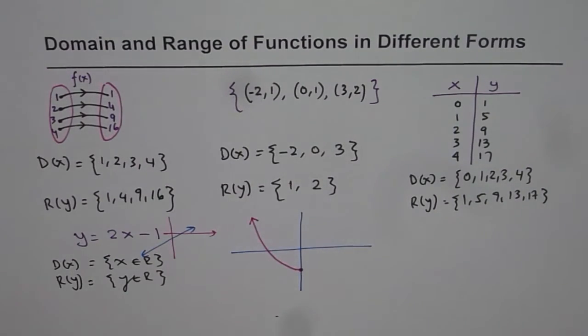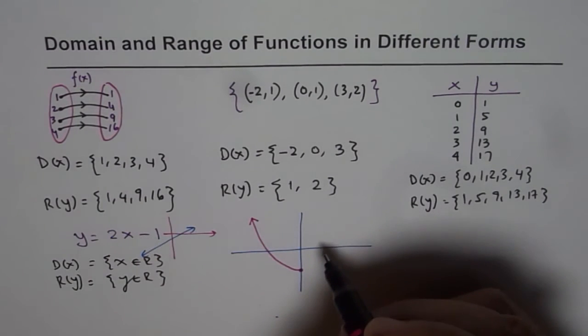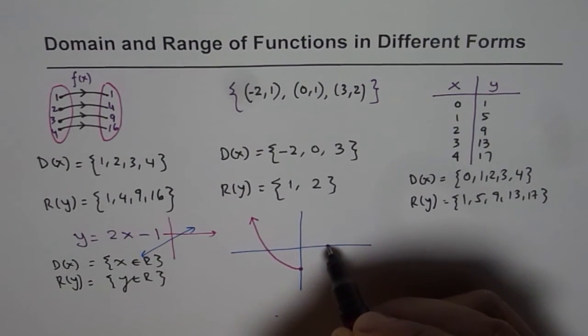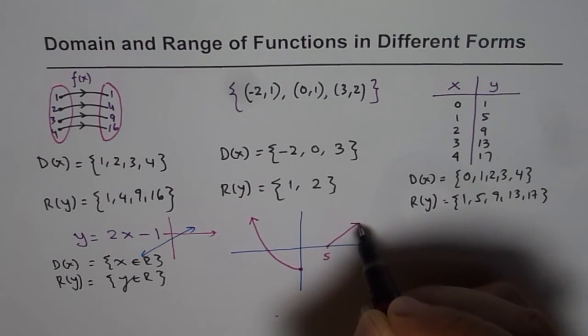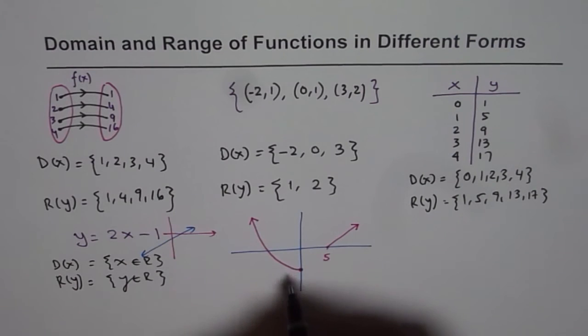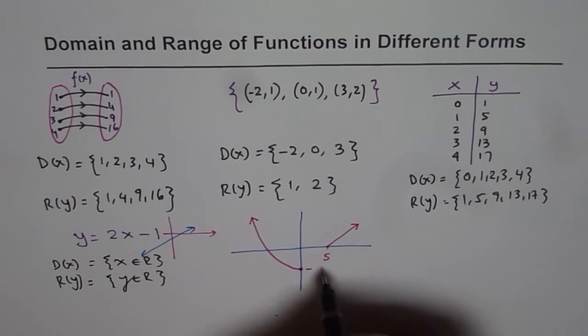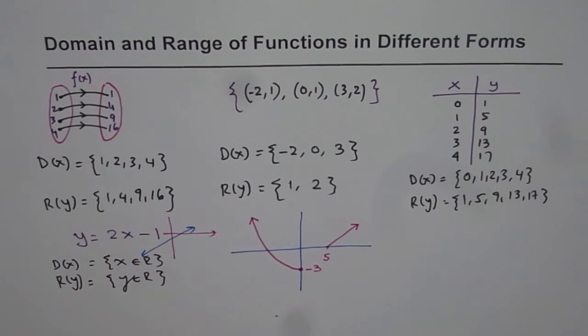And for the values which are more than 5, let's say this is 5 for us, let us say it is a straight line going upwards. In this case, let's say the minimum value is -3. Now for this piecewise function, which is discontinuous, how will you write domain and range?